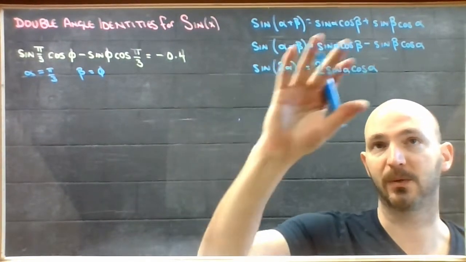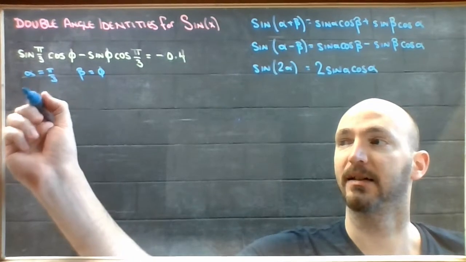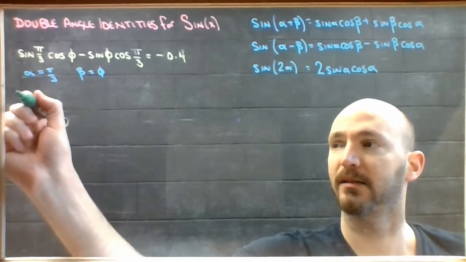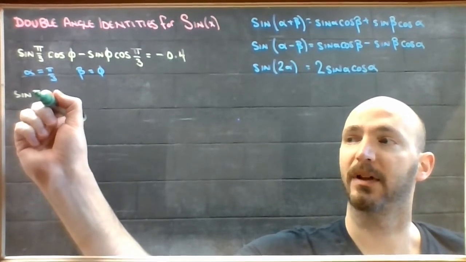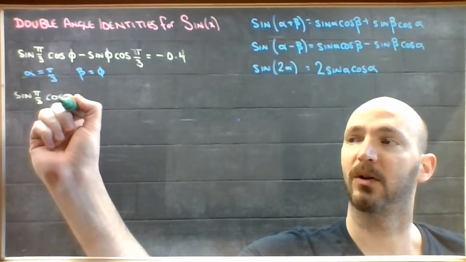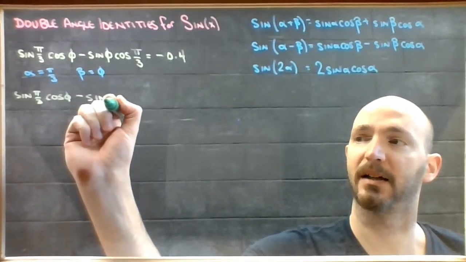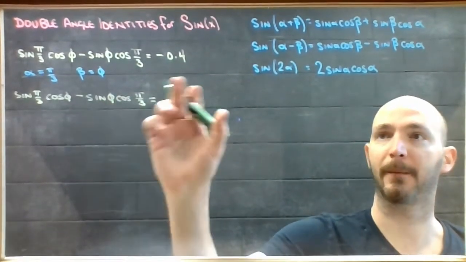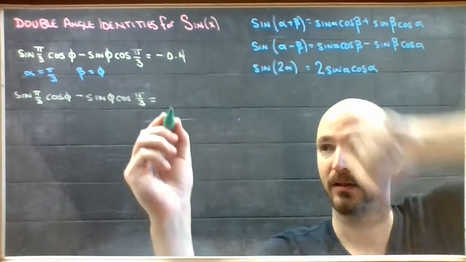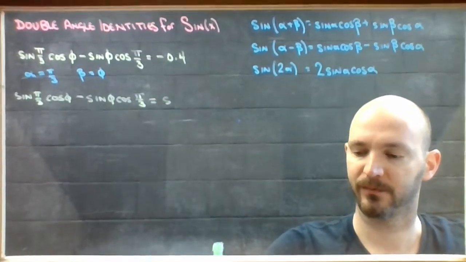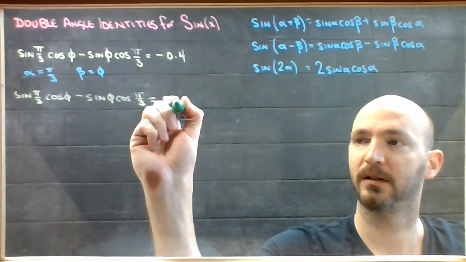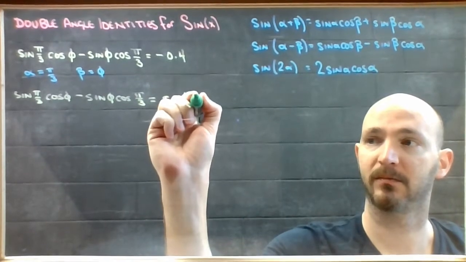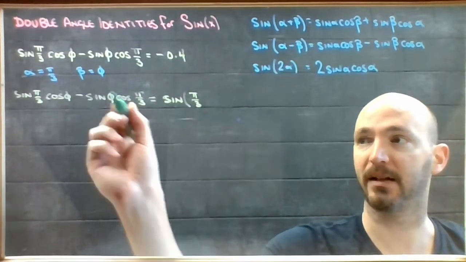So what I'm going to do with this mess is say that because of that, sine pi over 3 cos phi minus sine phi cos pi over 3 is equal to sine of my alpha, which was pi over 3, minus my beta, which was phi.